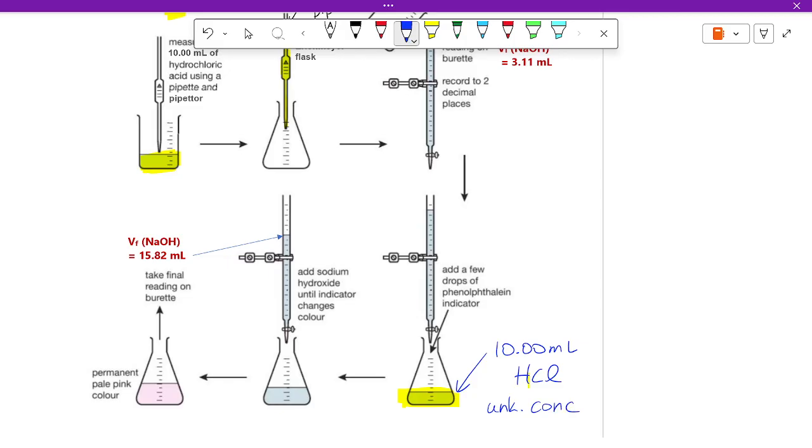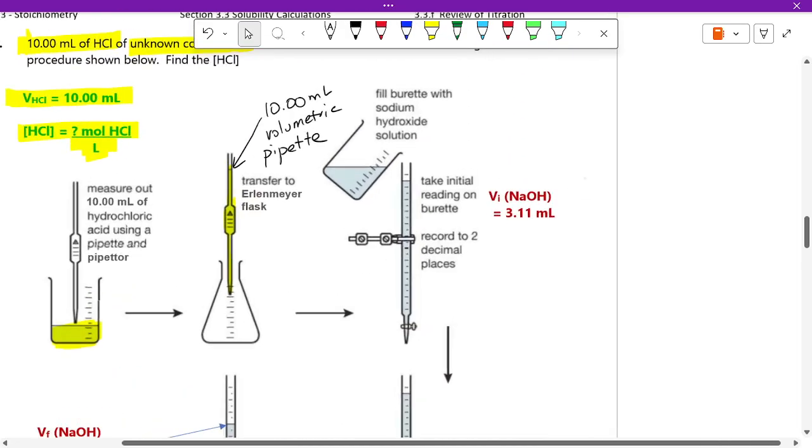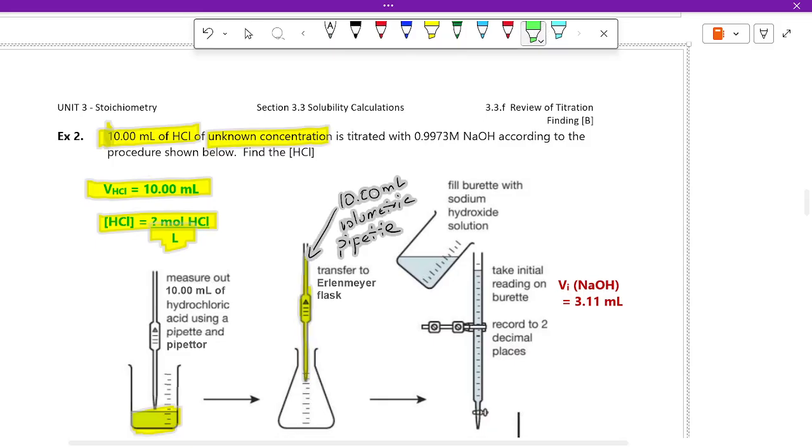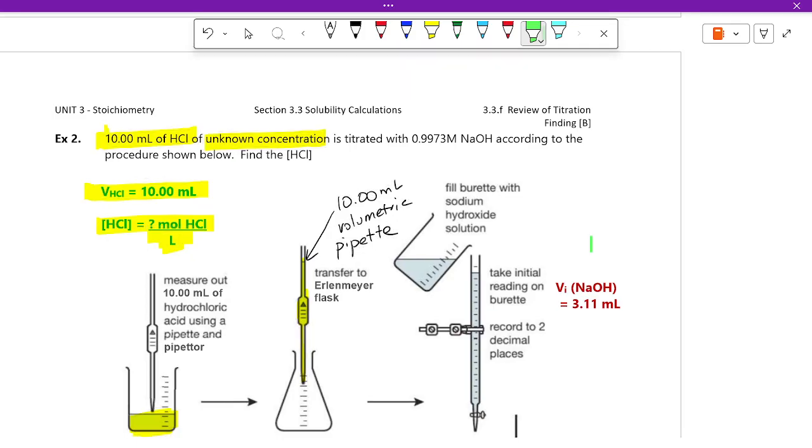The other thing we're going to do is fill our burette. And we know the concentration of our NaOH. The concentration of the NaOH is 0.9973 molar.